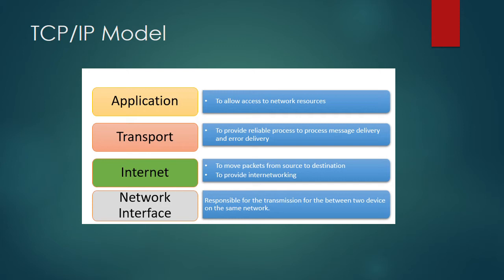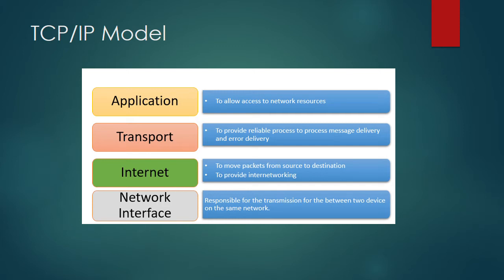And in the OSI model, the internet layer is responsible for sending packets from source to destination with the help of other networks. The source and the destination can be on separate networks, so it can communicate across separate networks in the internet layer and send the packets.